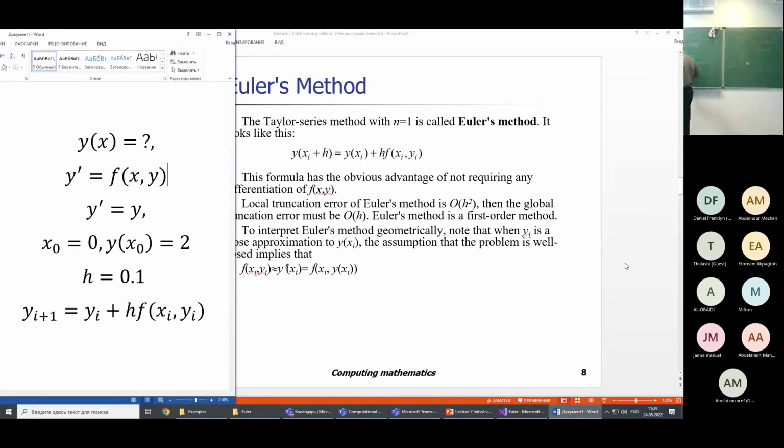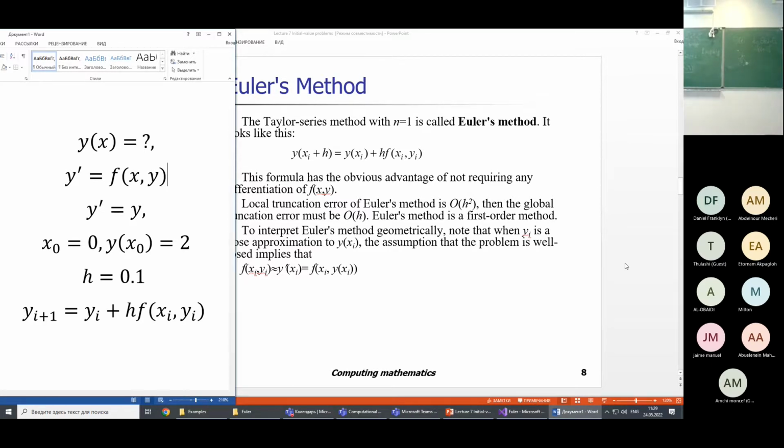So how do you do f of x1, y1? Again, what is f of x, y? In our case, it's the right-hand side of the equation. In our case, it is just y.